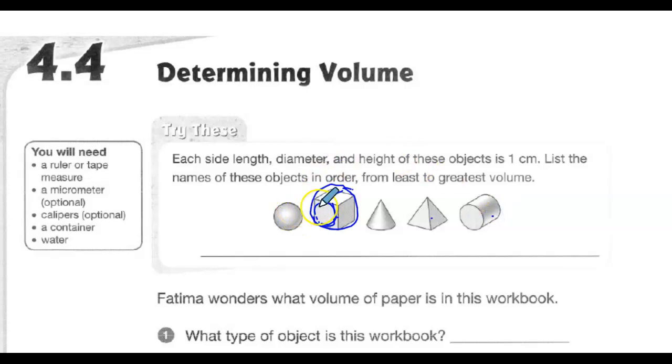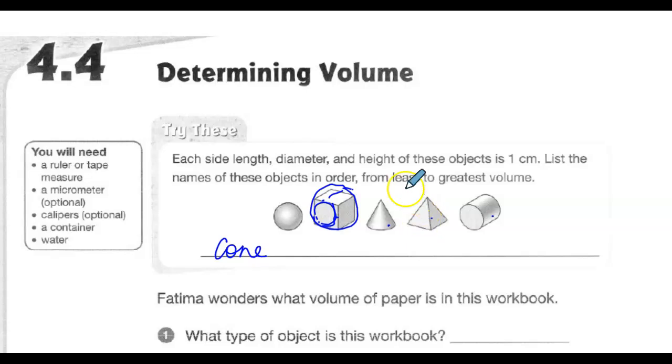And then if we think of the sphere going in here, the sphere is going to have a lot of empty spaces around each of the corners. So I would say, you can do some calculations because the sphere is the hardest one to sort of compare here. But this cone is going to be smaller than the cylinder. Okay, so I'd say the cone is the smallest.